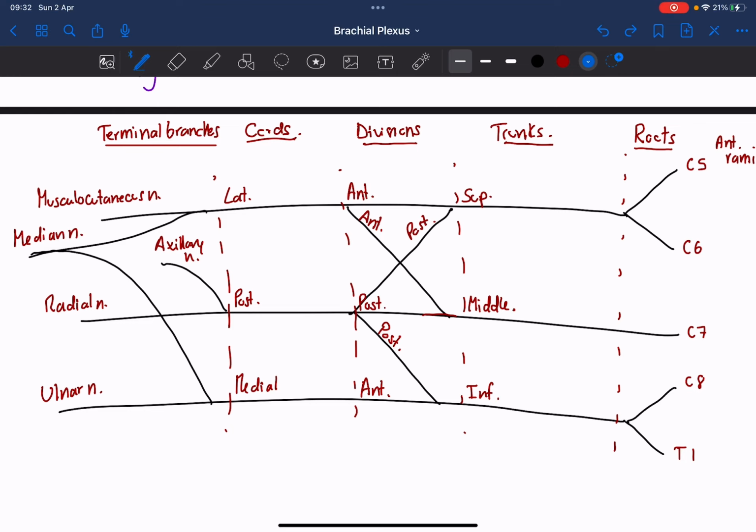Now we can talk a little bit about the branches that arise from the brachial plexus. We can start here. I'm just going to draw the ones that arise from the roots and the trunks. What we have over here is the dorsal scapular nerve.